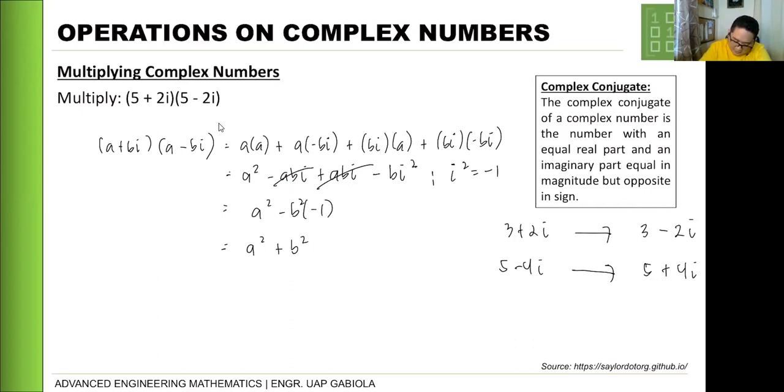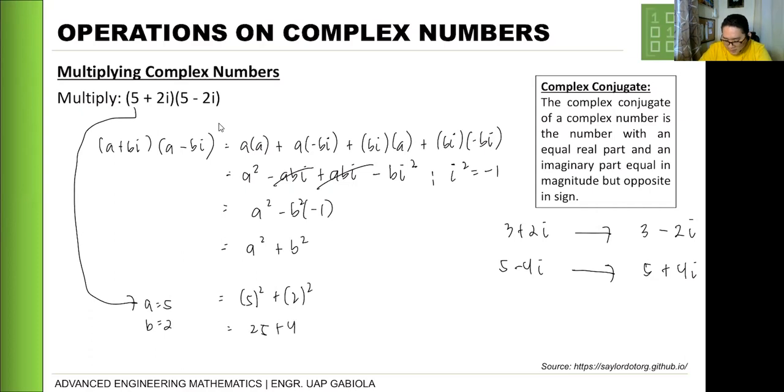So dito, sa solution natin dito, yung a natin dyan will be 5 and yung b natin will be 2. So yung ating a squared plus b squared will be 5 squared plus 2 squared. So that will be 25 plus 4 or equal siya sa 29. Okay? So, ganyan daw po yung ating solution sa complex conjugate natin.